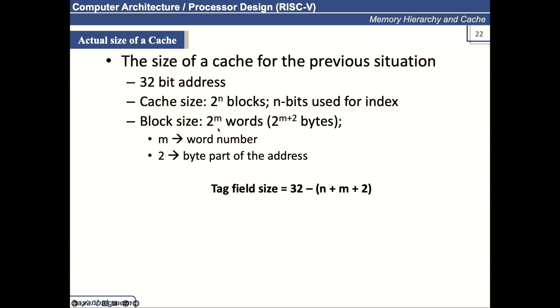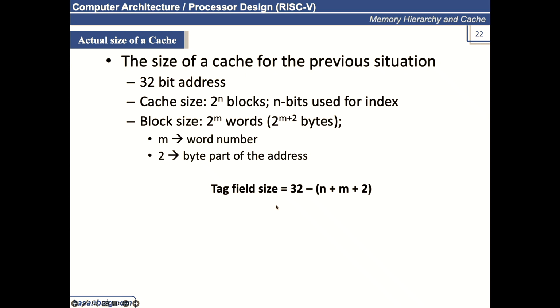How do you represent this as a power of 2? 2 to the power 0 is 1 word, and there are a total of 4 bytes, so 0 plus 2 means 4 bytes in each word. So m represents the word number, n represents the index field, and the value 2 is the byte part of the address.